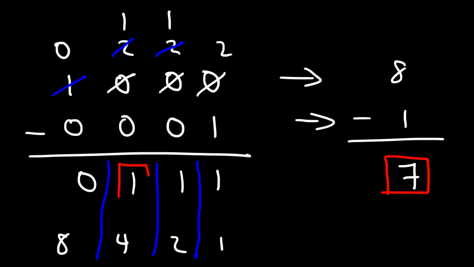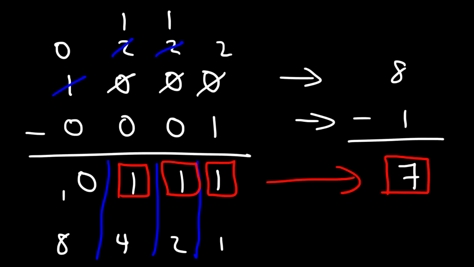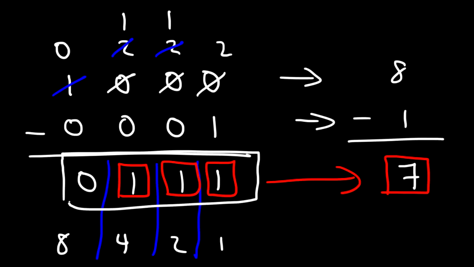So we have a 4 plus a 2 plus a 1 that adds up to 7. So now you know the process of subtracting two binary numbers. So let's work on some harder examples.